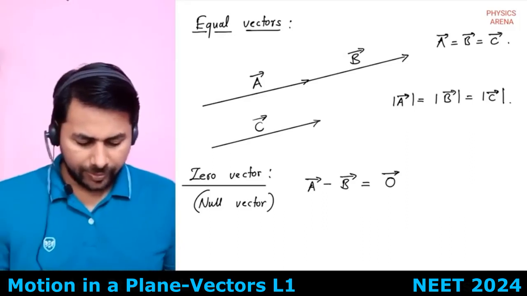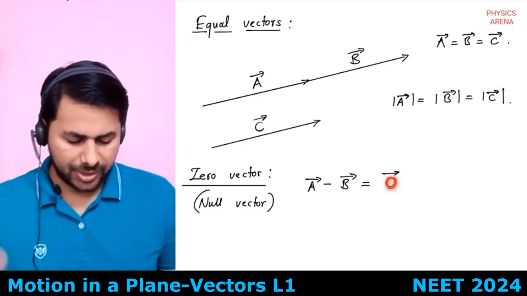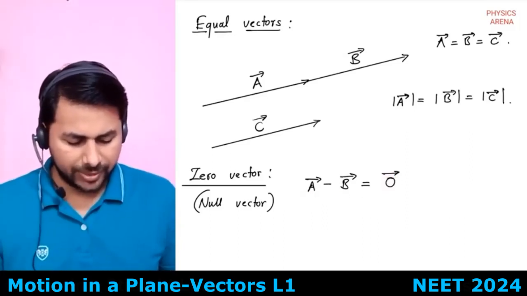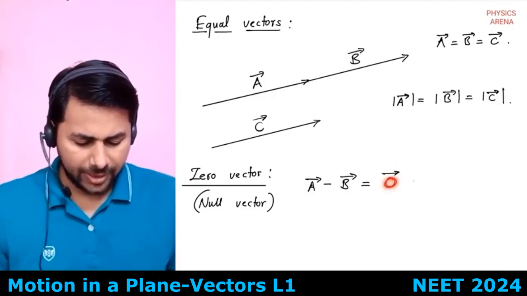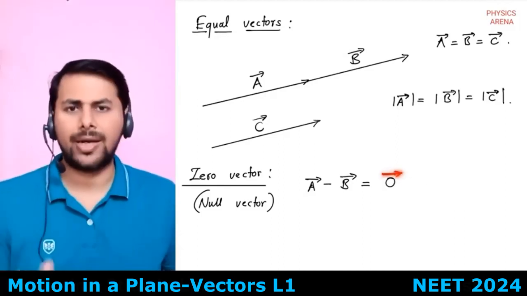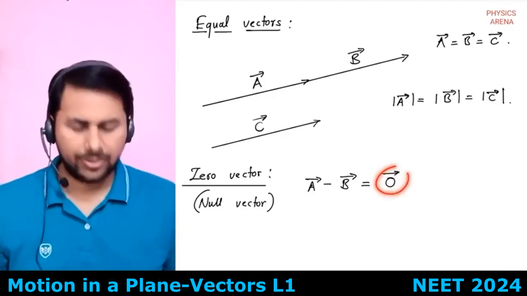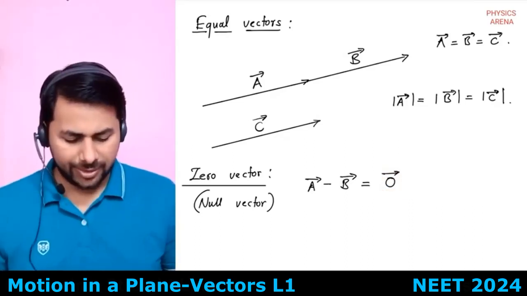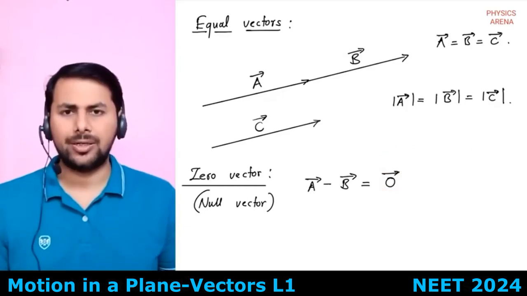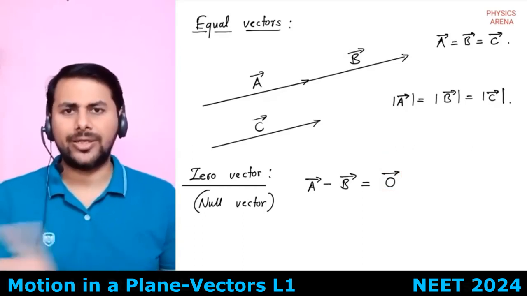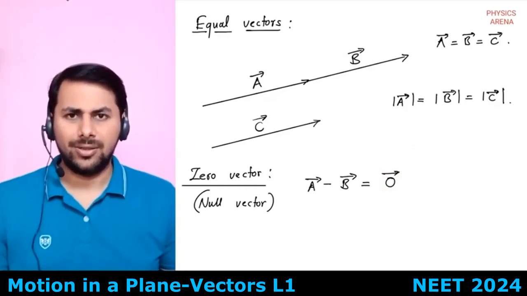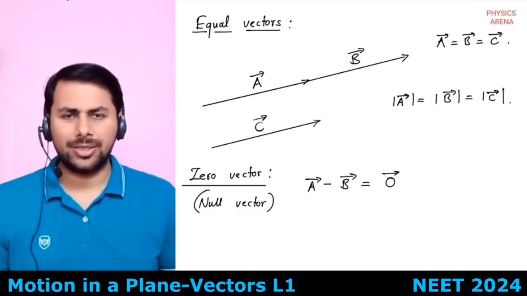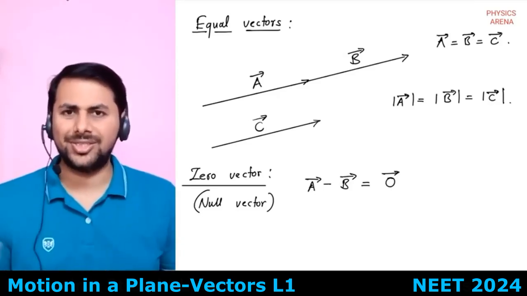Therefore the result of the vector operation is represented by 0 with a bar on top of it, so it is known as the zero vector. What does this mean? If you have a zero vector, does it mean that it is pointing in some direction? No, it doesn't have a magnitude, it doesn't point in any direction, it's a 0.